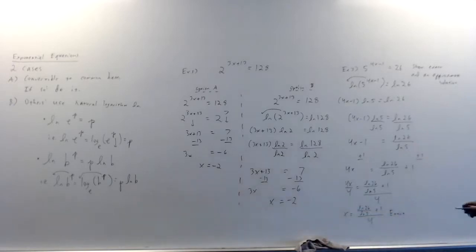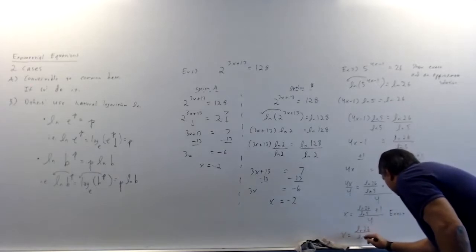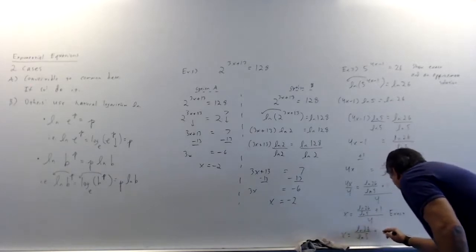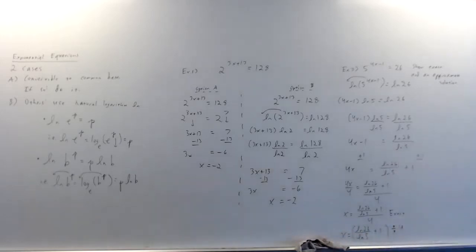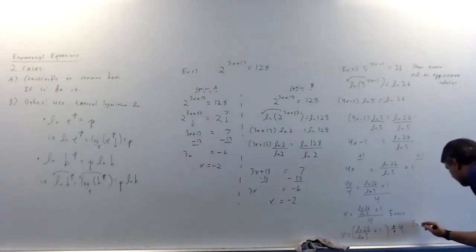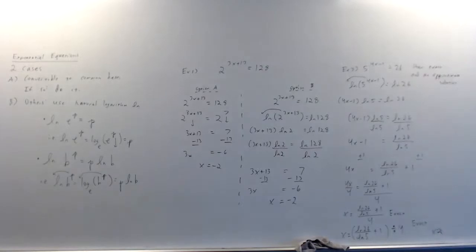Here's another exact way. x equals the natural log of 26 over the natural log of 5 plus 1, in parentheses, divided by 4. This is also exact, and it leads to an approximate solution. x is approximately equal to, balance the parentheses if you have to.